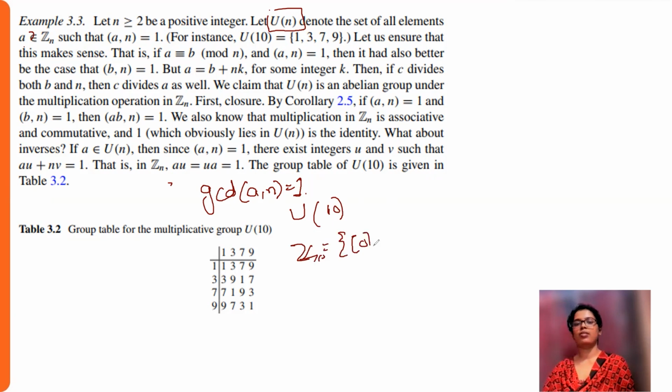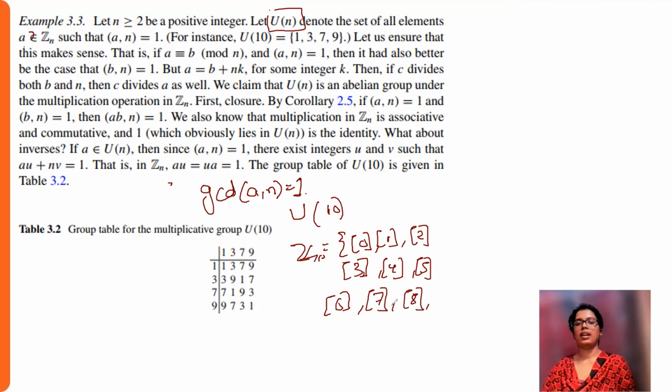It will have 0, 1, 2, 3, 4, 5, 6, 7, 8, and 9. So this will have these many elements, right?